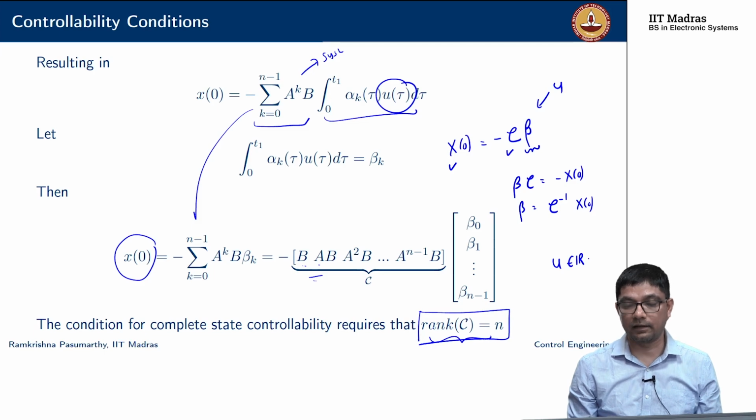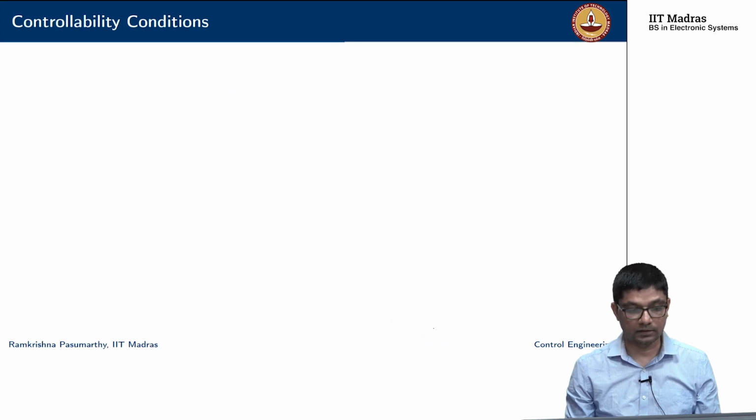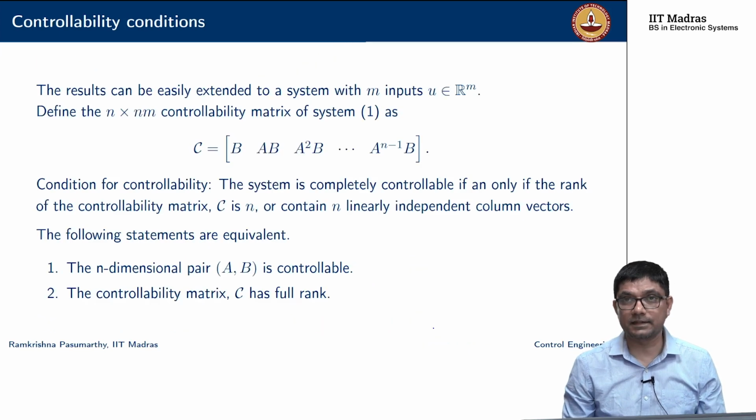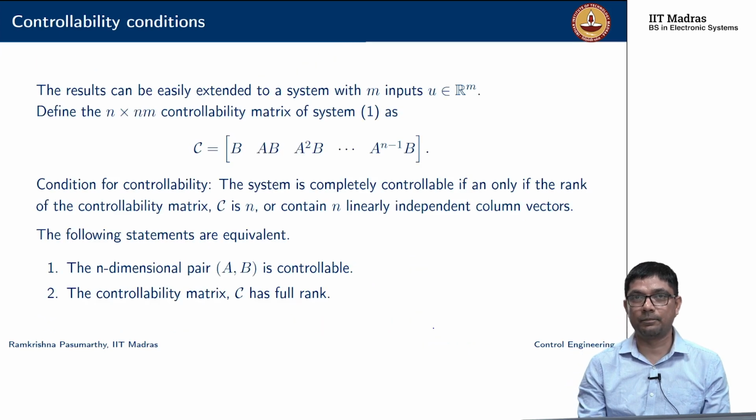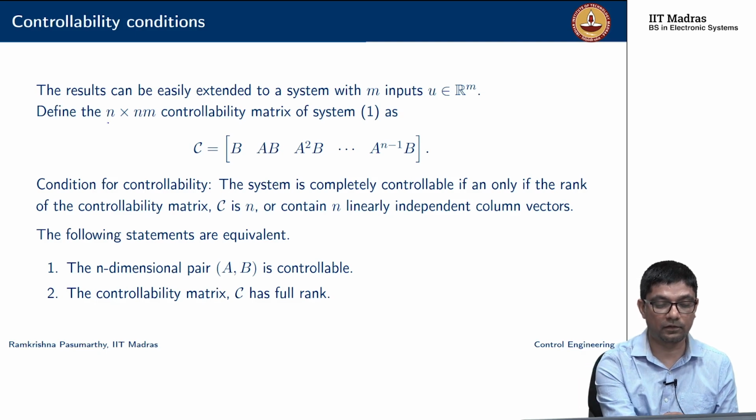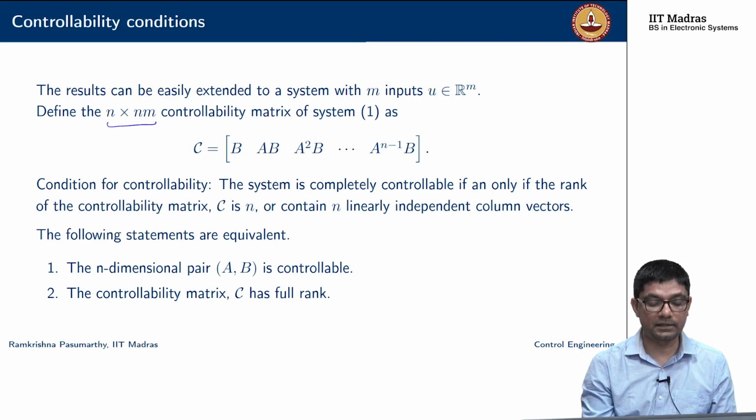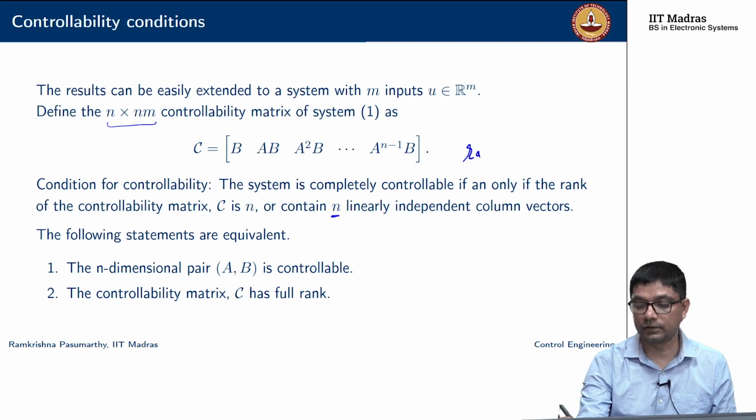If the rank of the controllability matrix, which comes from B and A, is n, then my system is controllable. The results can be extended to a system with m inputs also. I still construct the controllability matrix, which is n cross nm, and I still check for the rank condition. If the rank of C, now this is universal, right?